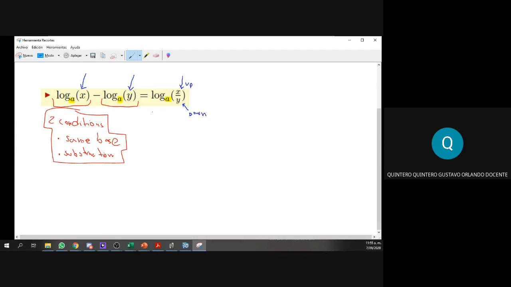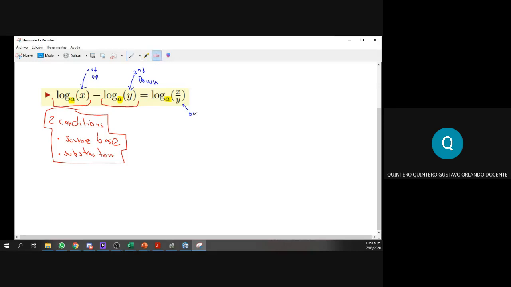Now, in this case, you need to make sure you are following the proper order. Again, the value that goes first goes up, and the second value of the logarithm goes down. All right, guys? So you need to make sure about that.